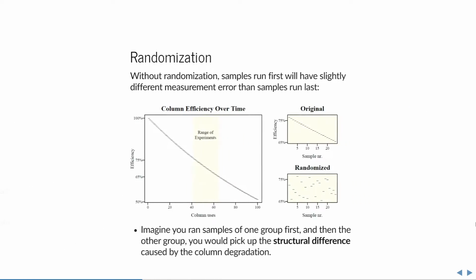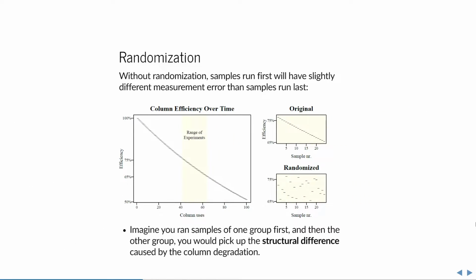Now, that also means that if you keep using the same column over time, then with each experiment, the efficiency is slightly lower. So in this example, let's say that you've already used a particular column 40 times and you have 25 samples to use, then the efficiency with which high abundance proteins were removed in the first sample will be very different than in the last sample.